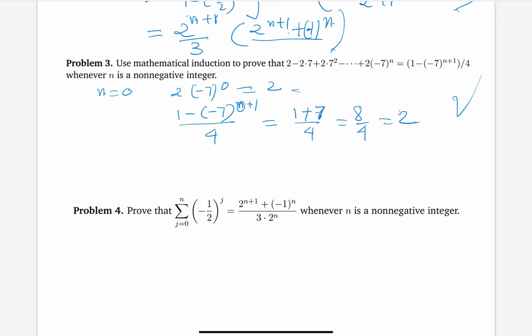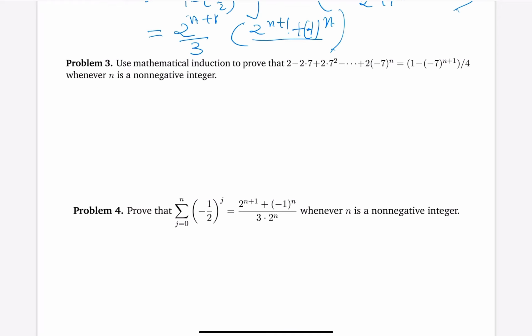Now, this one equal to this one is a fact, the base case. Now, the next one is to prove. Suppose this one is true. Suppose 2 minus 2 times 7 plus 2 times 7 squared, and so on, plus 2 times negative 7 to the n is true, equal to 1 minus parenthesis negative 7 to the n plus 1 over 4 is true.